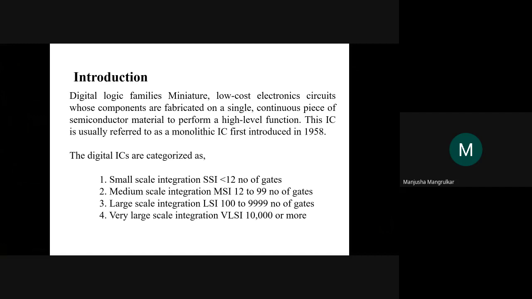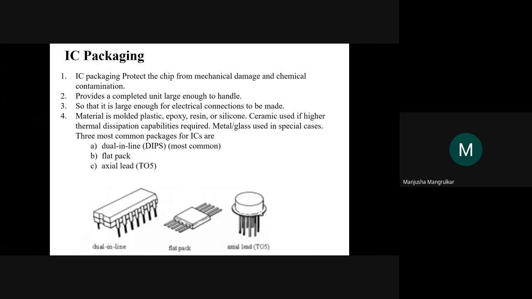Large scale integration is 100 to 9999, and then very large scale integration is 10,000 onwards, that is VLSI, very large scale integrated circuit. Today we use VLSI in daily life, for example in mobiles, so there is VLSI technology. Now, the IC packaging.